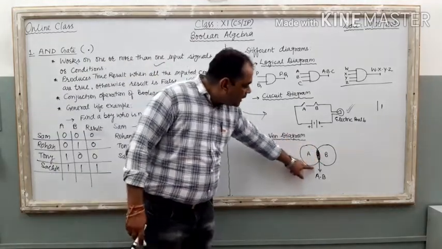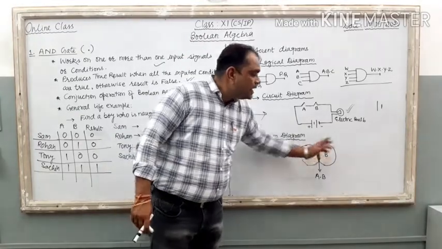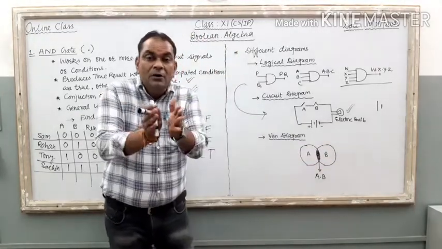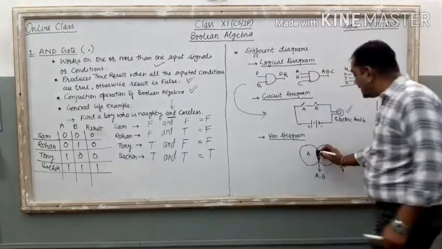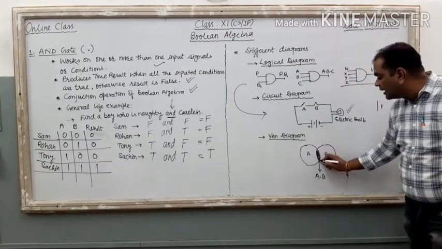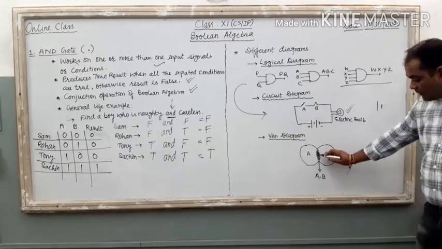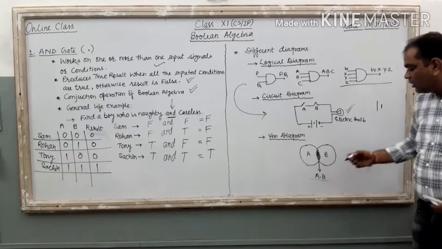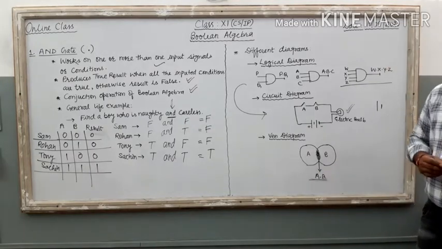The common values of A and B. A is a different set, B is a different set, but the common values of A and B are represented by this region. This one is known as the common values. Clear? So the common values are known as A dot B. So this is the Venn diagram of the AND gate.